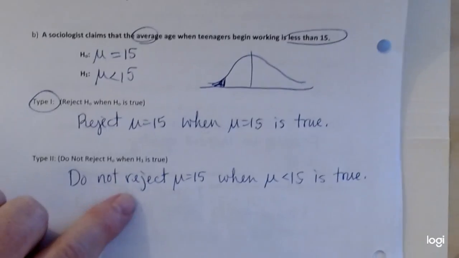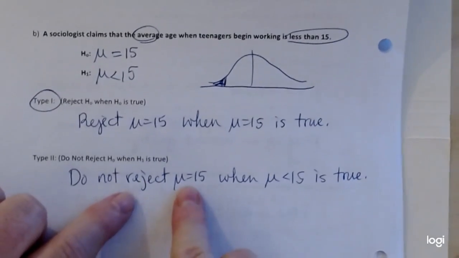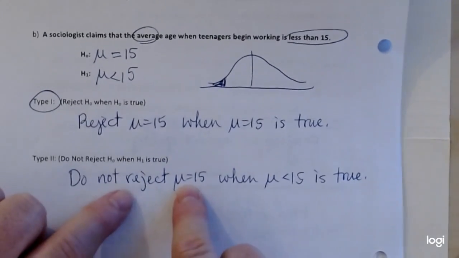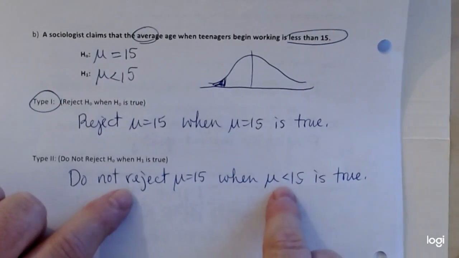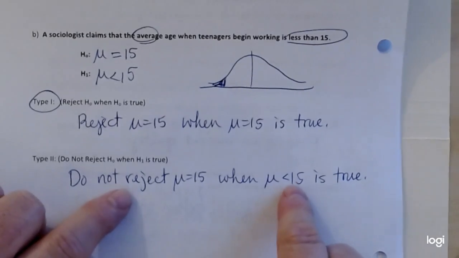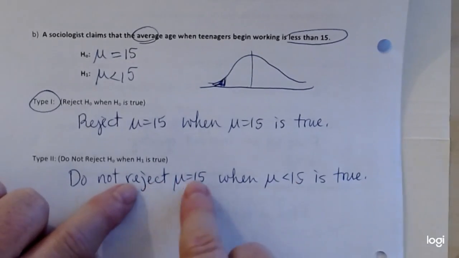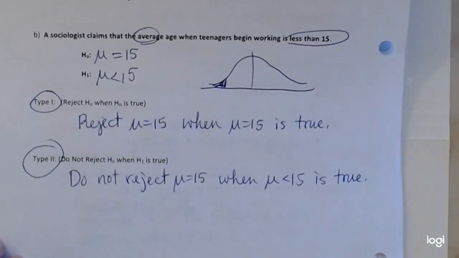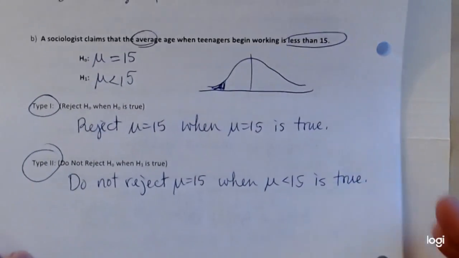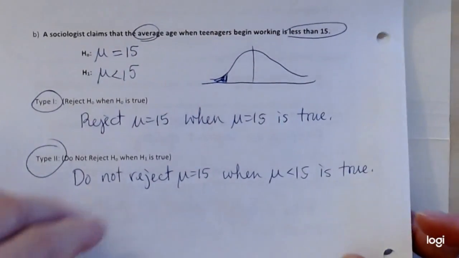So we didn't have enough evidence to reject the null hypothesis, but in reality, the claim is that the average age is really less than 15. This was really true, but the evidence wasn't strong enough to reject this. That is a type 2 error. So those are the two types of errors that we can make.